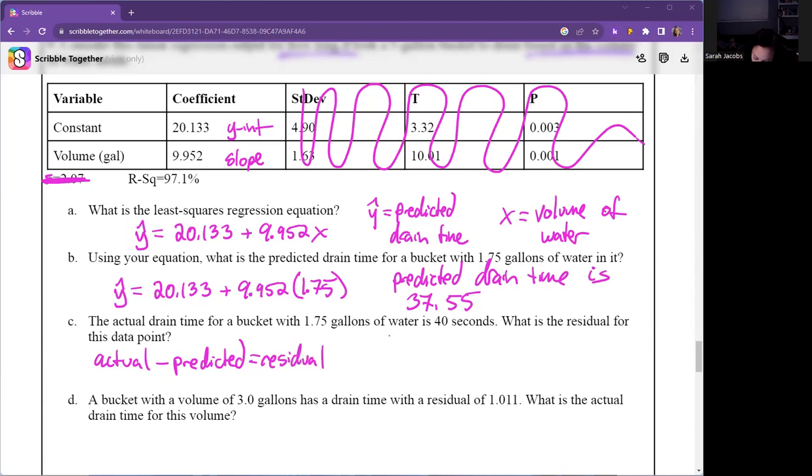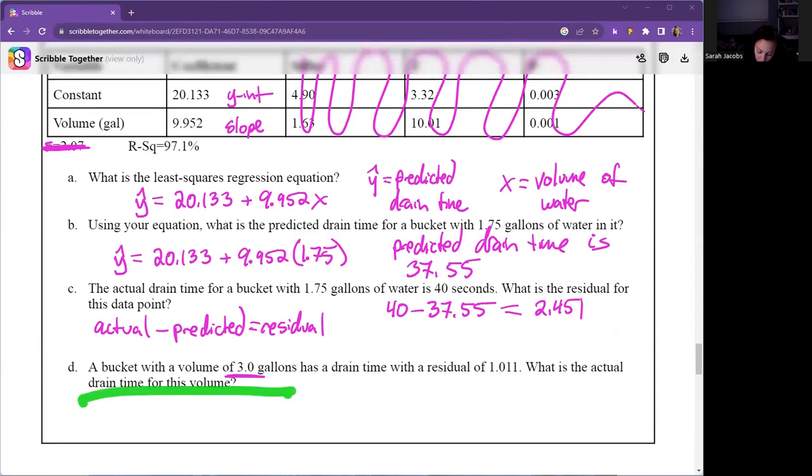And so in this case, actual was 40, predicted was 37.55. And so the residual is 2.451. Okay. So this is positive, which means that the prediction was a bit of an underestimate for how long it would take to drain.